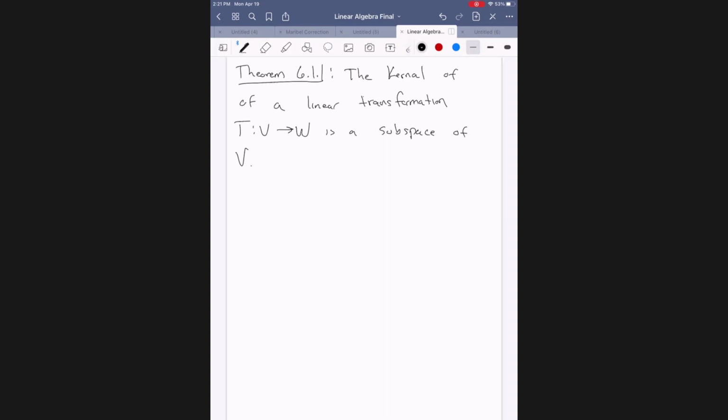Remember, anything that's a subspace or a vector space will have a basis. Since this is a subspace, that already tells you it's going to have a basis. So the next thing we're going to do is basically want to find bases for kernels. So this tells us that the kernel of T has a basis.